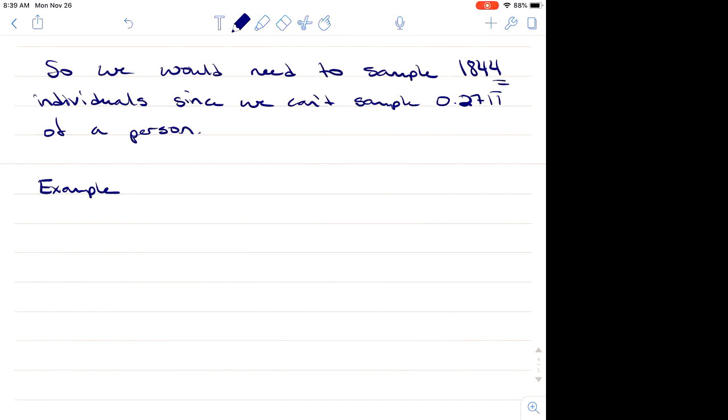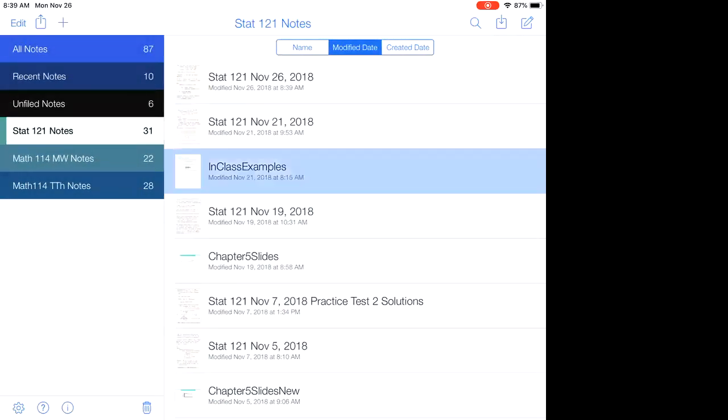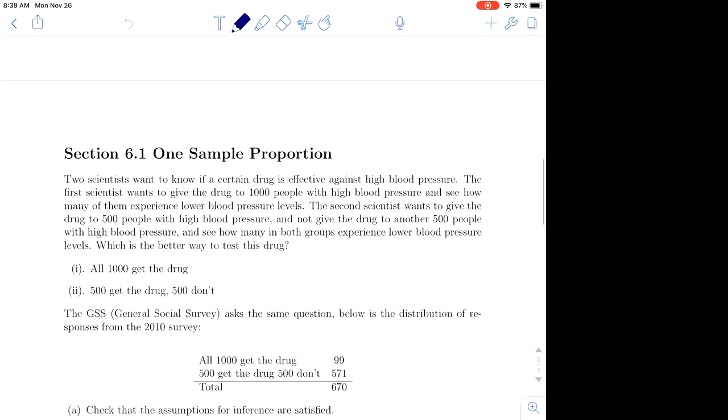The first option, although it seems kinder to give this medication to everyone, we wouldn't actually be able to see if there's a difference, right? Maybe all their blood pressures just dropped because now they're relaxed because they took the drug or whatever, right? And so we should be picking the second option where 500 get the drug and 500 don't.